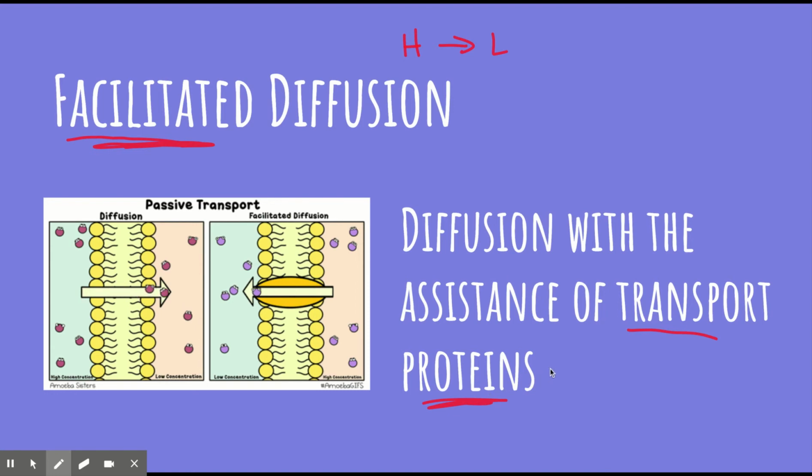In this image, it looks almost like a little channel. Sometimes they could be channels, but basically their job is to help. It could possibly change shape, it could make a channel, and it allows the substance to go through the membrane. Still no energy requirement, and still from high concentration to low concentration, aka down the concentration gradient.